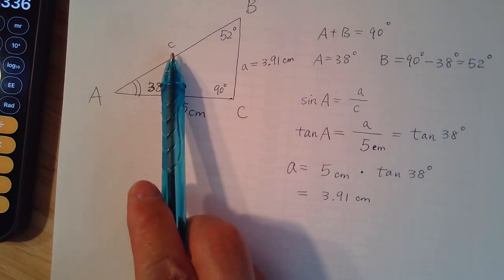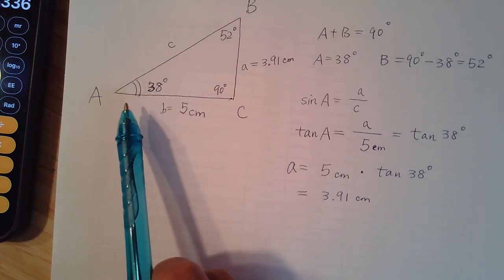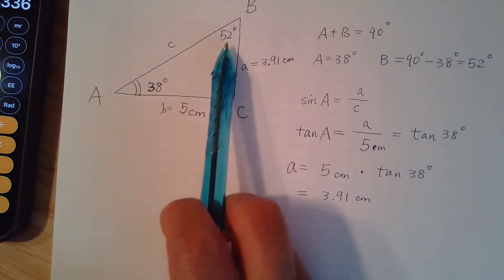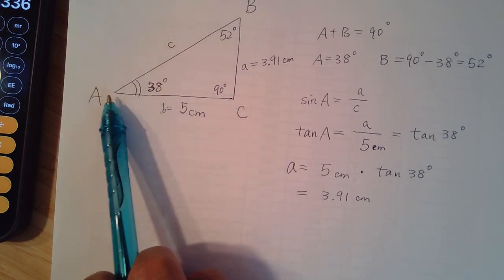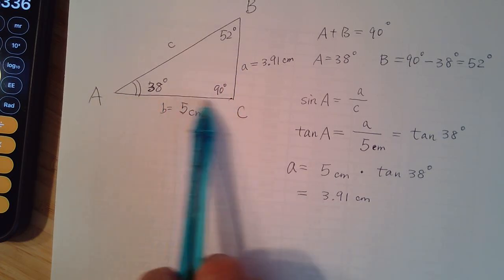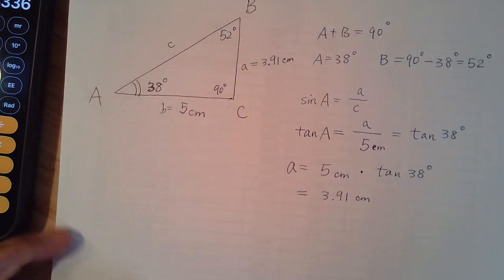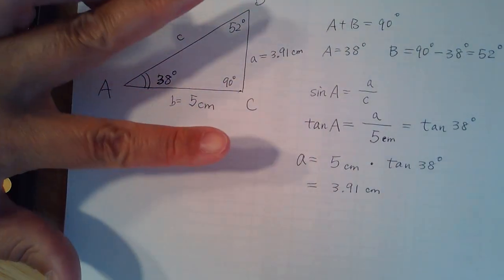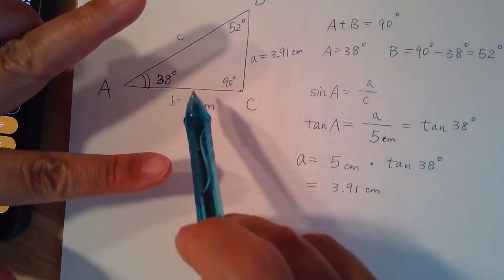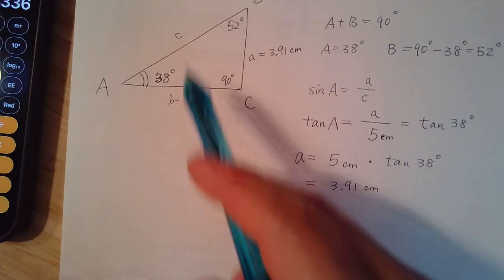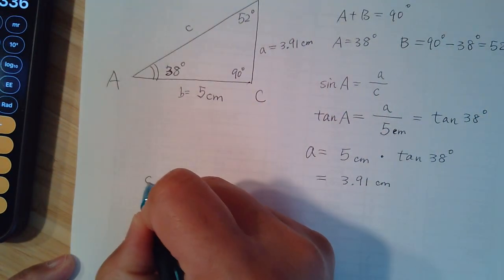And then what about C? For example, I have this A, which is the neighbor or the short side is 5, and the C is there, so it's going to be cosine, right? Cosine is the short over long, but not the opposite, the adjacent over long. So let me write that.